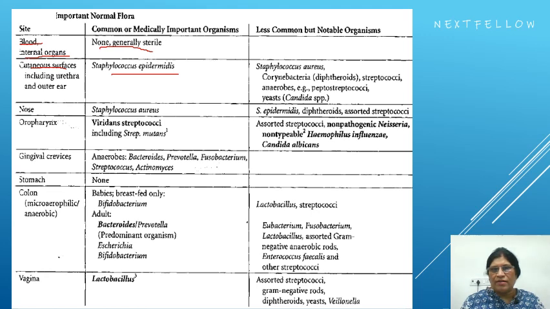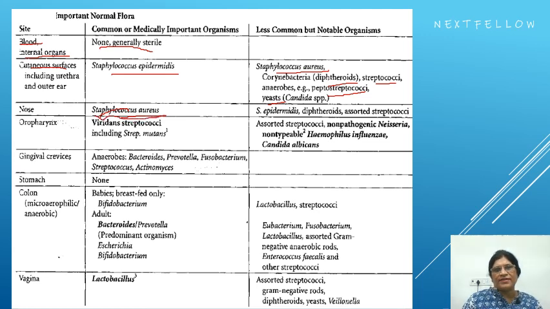Less common are Staphylococcus aureus, diphtheroids, streptococci, and some anaerobes like peptostreptococci and yeasts. In the nose, it is the Staphylococcus aureus which is usually present, but Staph epidermidis, diphtheroids, and streptococci can be present. But you just remember the nose has Staphylococcus aureus.